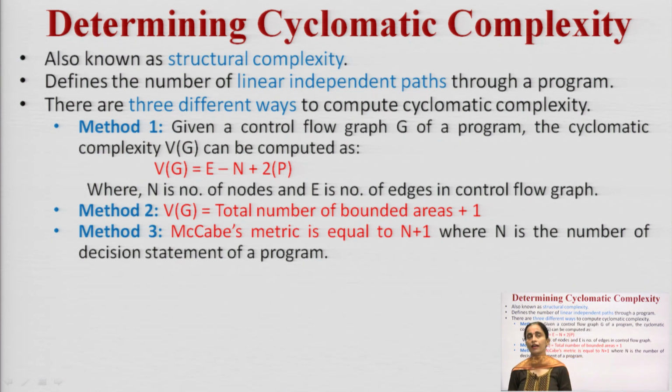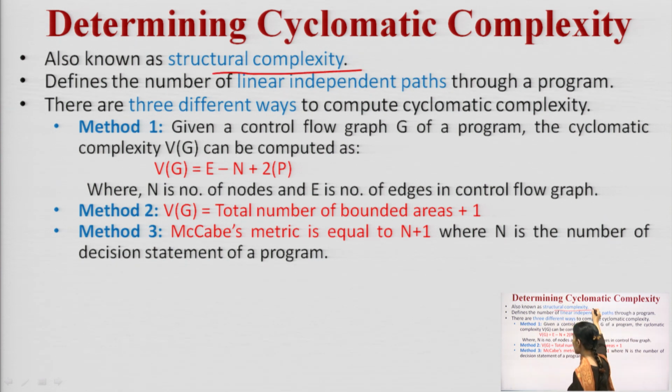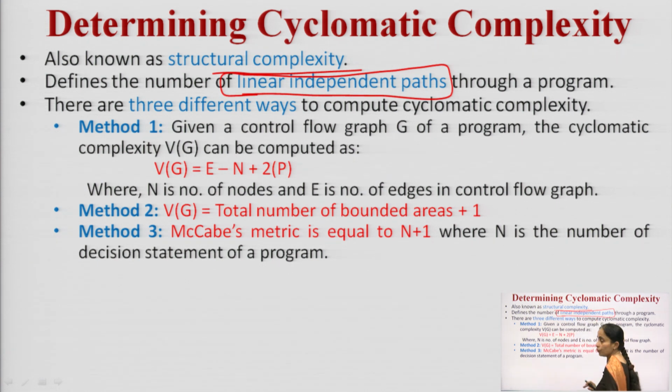This cyclomatic complexity is also known as the structural complexity, and it gives us the complexity of my program. It defines the number of linearly independent paths that my program can follow. There are 3 methods for defining this cyclomatic complexity, defined by McCabe.